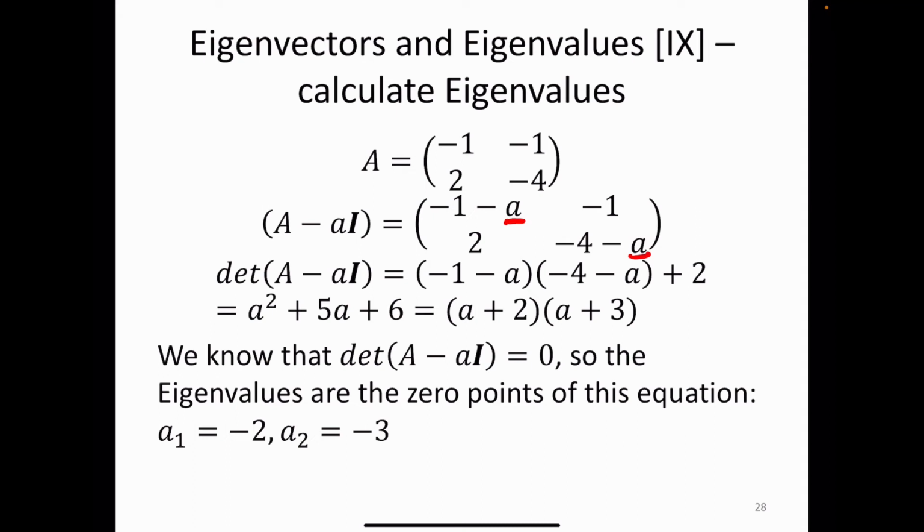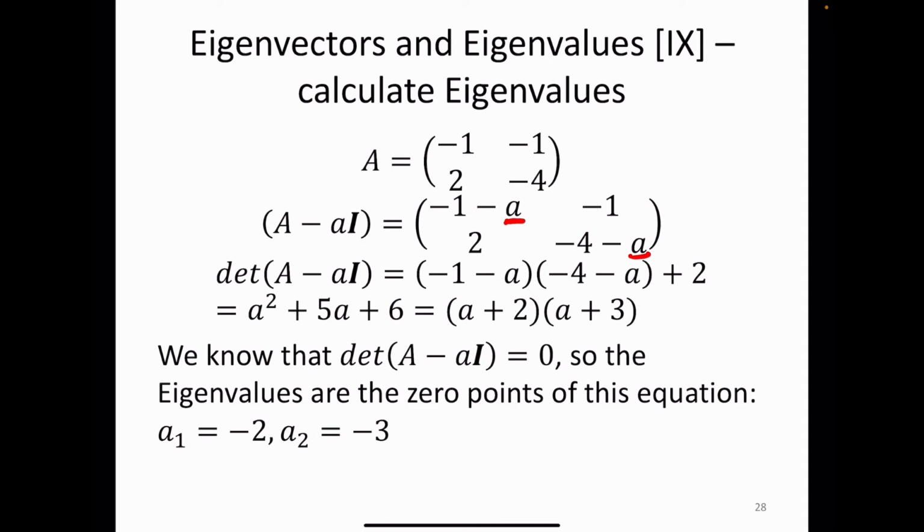Now, let's look at the determinant of A − aI, which is given by: you take −1, the upper left element here, minus a, times the lower right element here, −4 minus a, plus, so actually it is minus the other two elements.